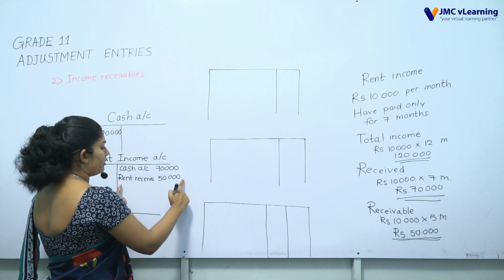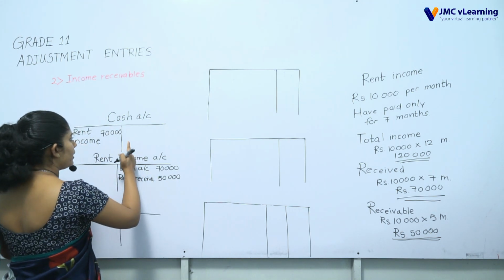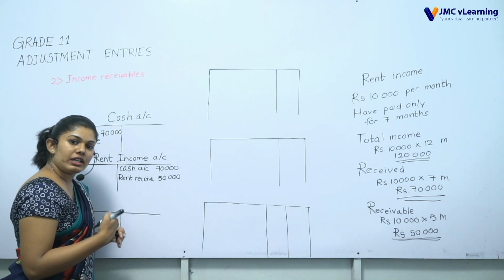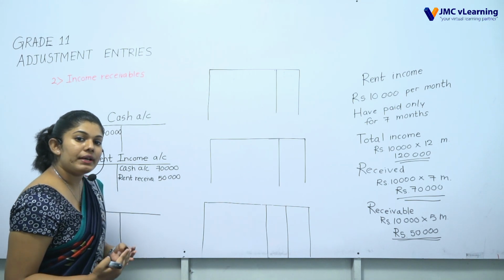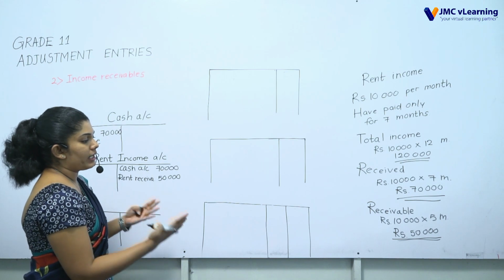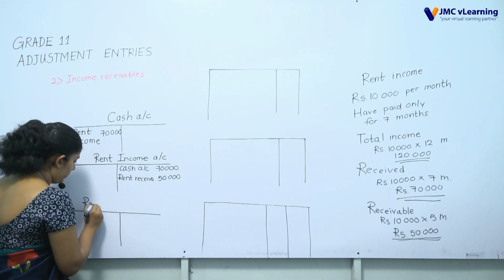To record this 50,000, we can't record it in the cash account because we still haven't received this money. Therefore, just like accrued expenses, we are opening a temporary account, rent income receivable.